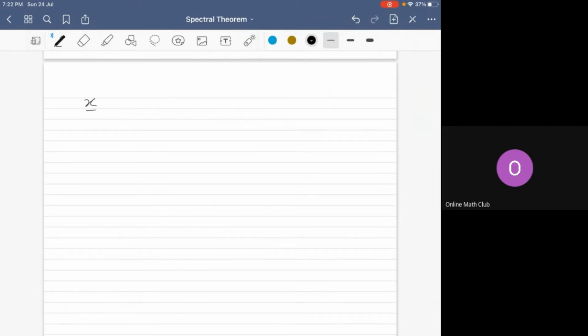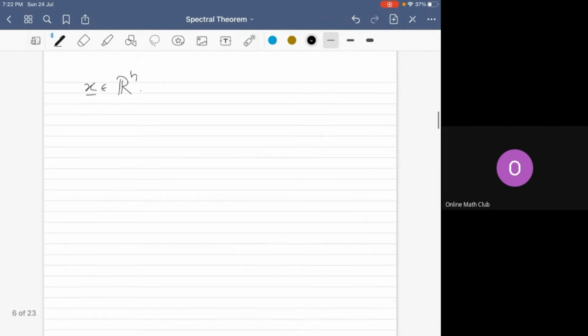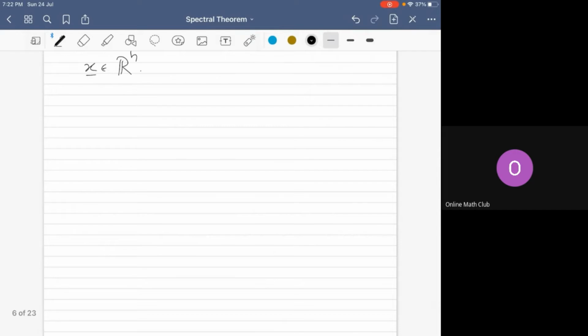Consider a vector X in Rn and consider the coordinate vector of X with respect to the first basis B1, which is a collection of n vectors.